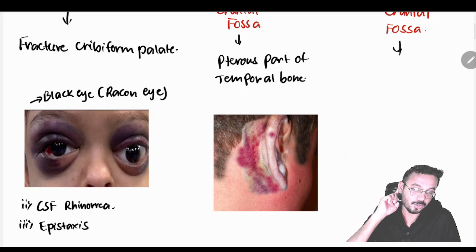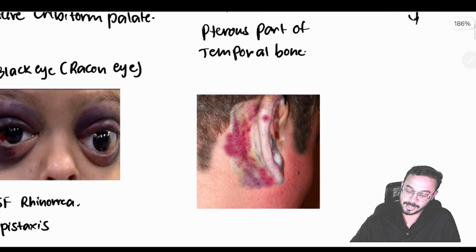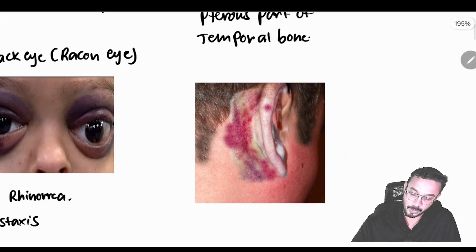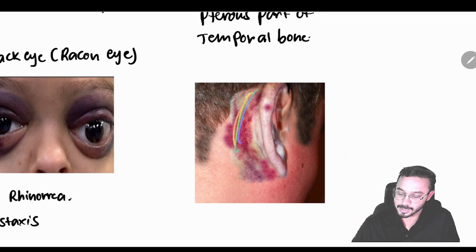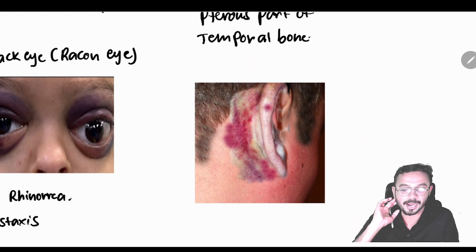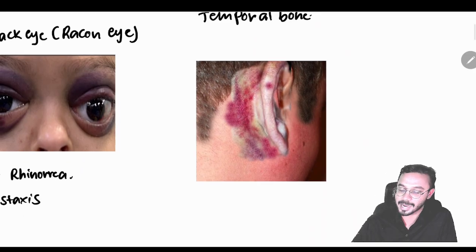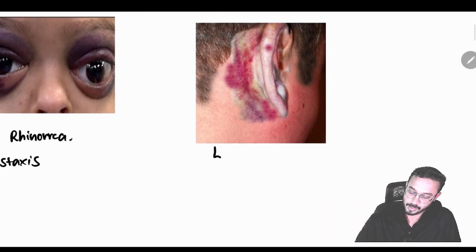Look at the redness behind the ear. Anteriorly the eye shows raccoon eye, and in the middle, the temporal part shows redness behind the ear. That is called Battle sign.